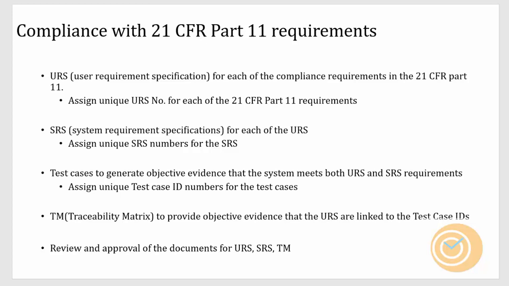And then you create your test documents, test ID numbers, assigning unique IDs to the test cases. Make sure that you have enough testing scenarios to address each one of your URS requirements. And you can produce a traceability matrix to show the objective evidence that your testing is going to produce results that will confirm that your user requirements have been met.